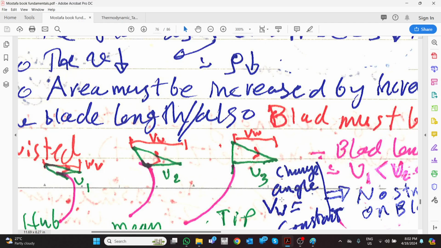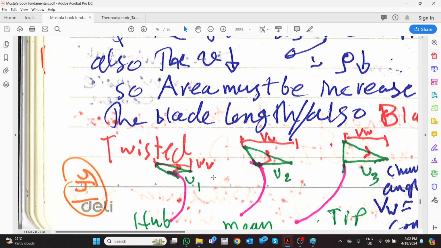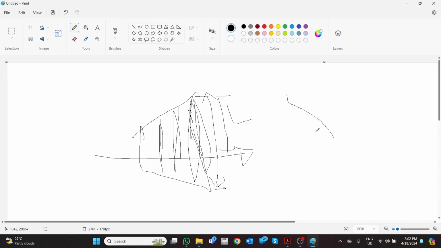You will tell me why? See, listen. Here is a plate. I will imagine that we have already increased the plate length. And here is a nozzle.